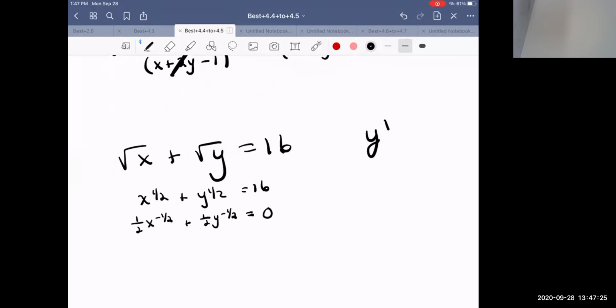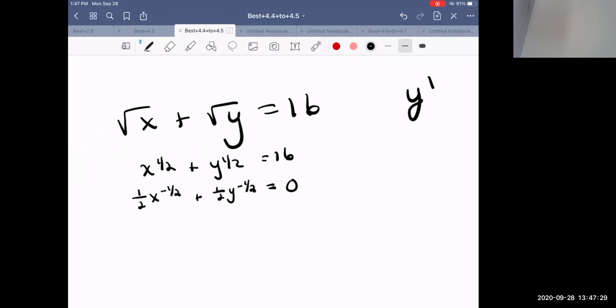And the derivative of a constant is 0, right? Definitely we want to rewrite these in radical form because it'll be easier to deal with. So this is going to be 1 over 2 root x. And oh, I forgot my y prime. And this is going to be 1 over 2 root y times y prime is equal to 0.